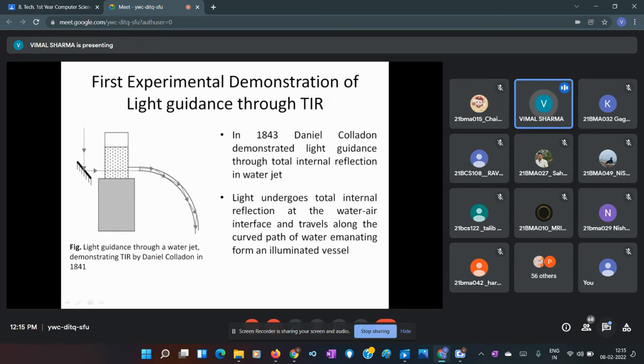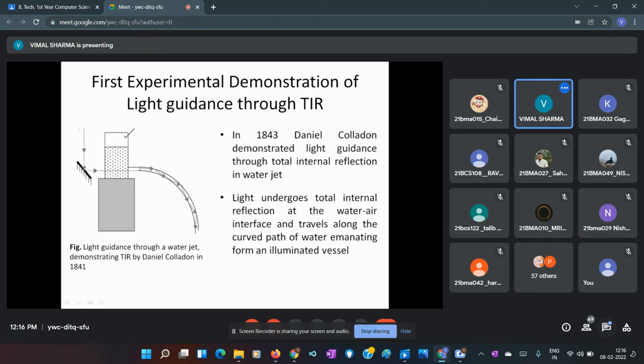Then we have another experiment which was demonstrated way back in 1843 by Daniel, and he demonstrated how light can be guided through a jet of water. Here in this experimental setup, we again have a container filled with water. At the base of this container, there is a small hole through which a water jet comes out.